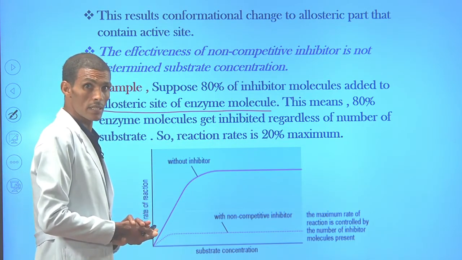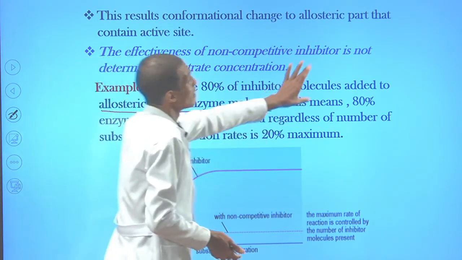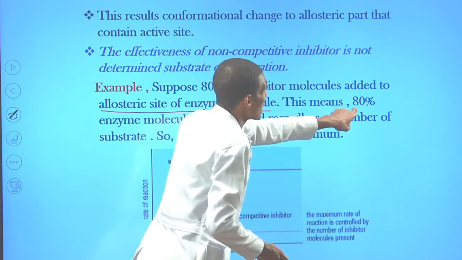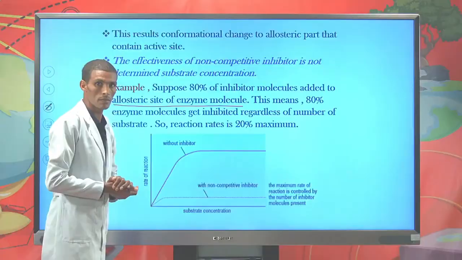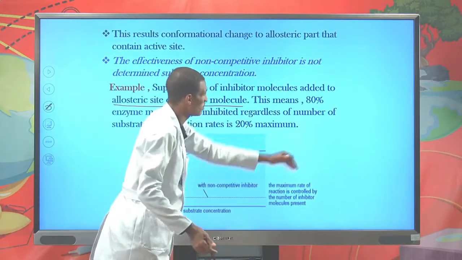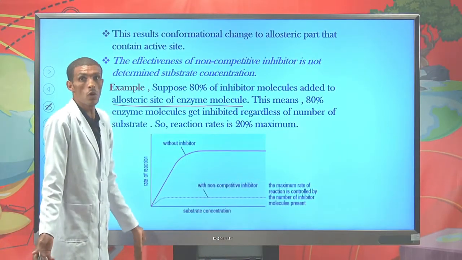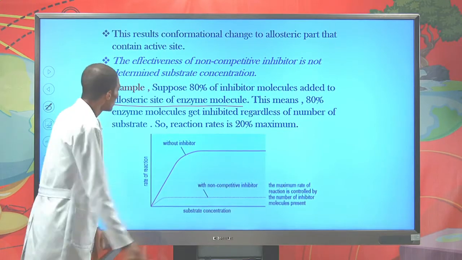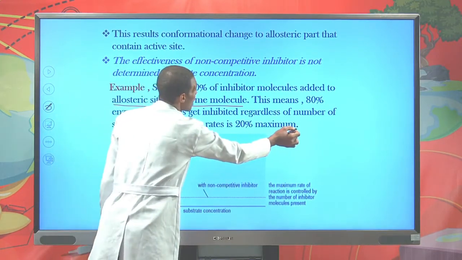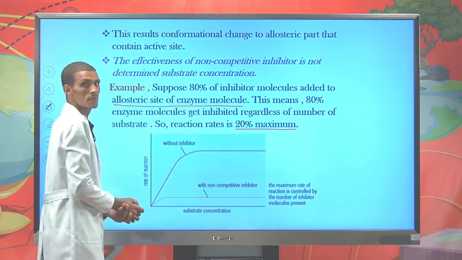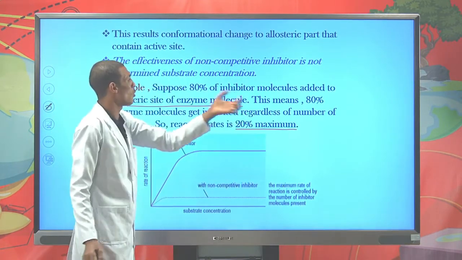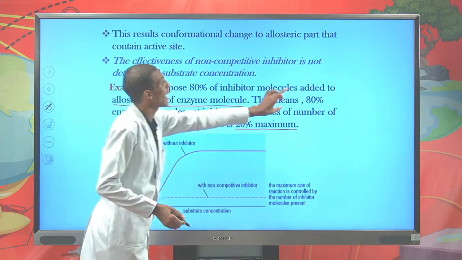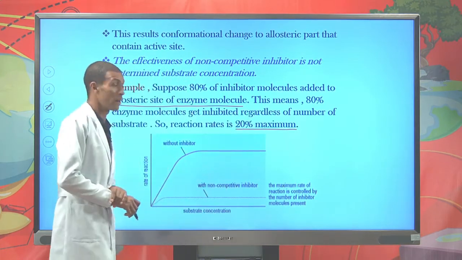This means the enzyme activity is reduced or affected by 18% totally. If you add the substrate molecule, it has no meaning here. So the reaction rate is highly affected. Only 20% of the enzyme is not occupied, but 18% of them is totally occupied.